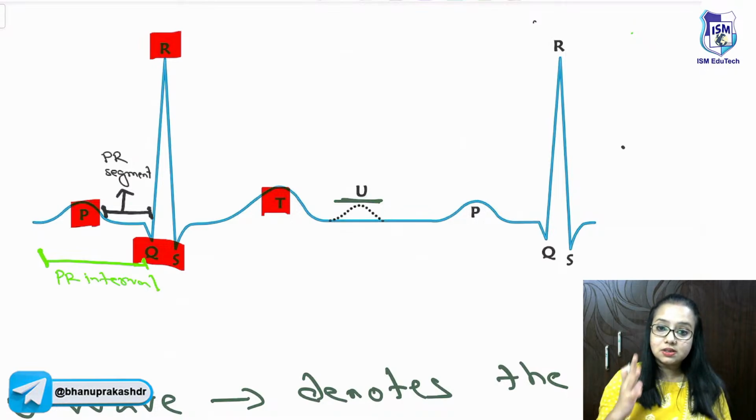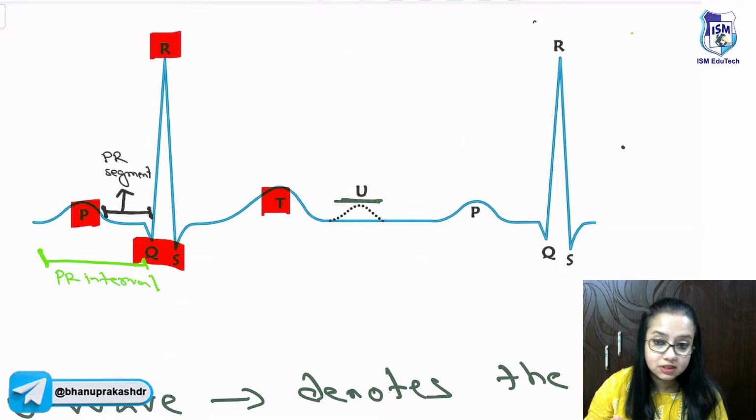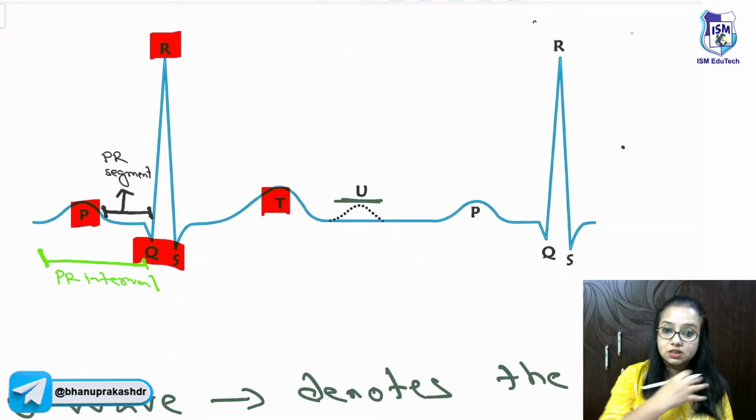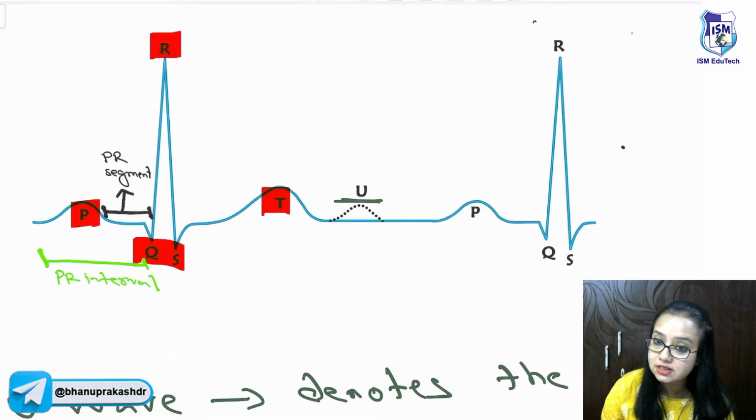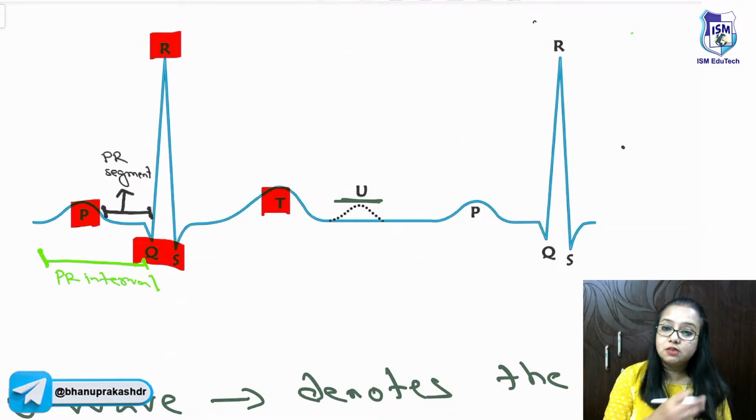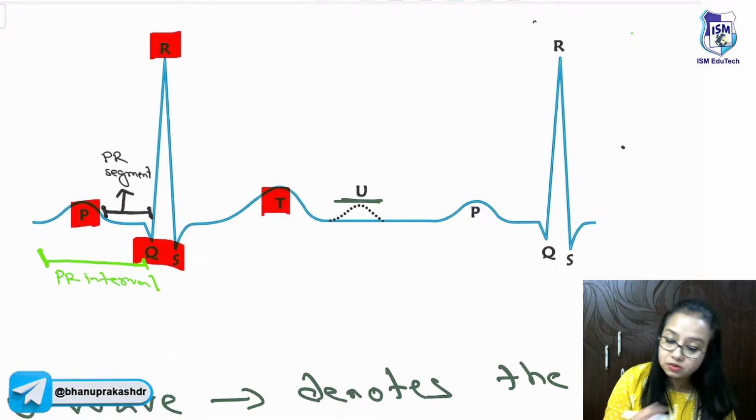So, this electric activity is nothing but the wave of depolarization which is being generated by the SA node, and then it is traveling through the conduction pathway that we studied in the last lecture. After contraction of the atrium, we get the P wave.